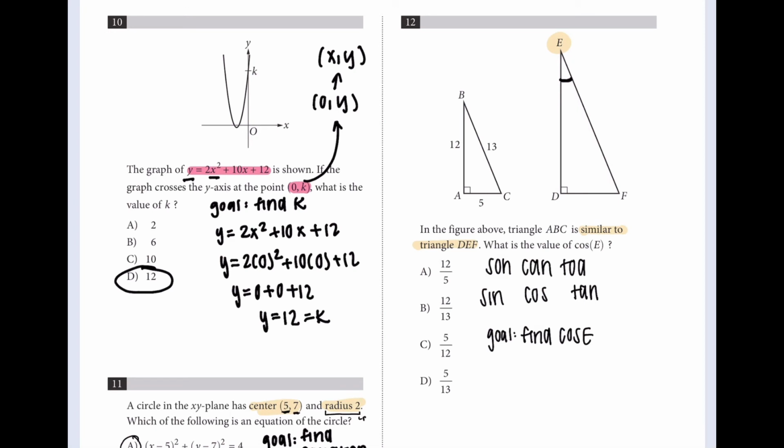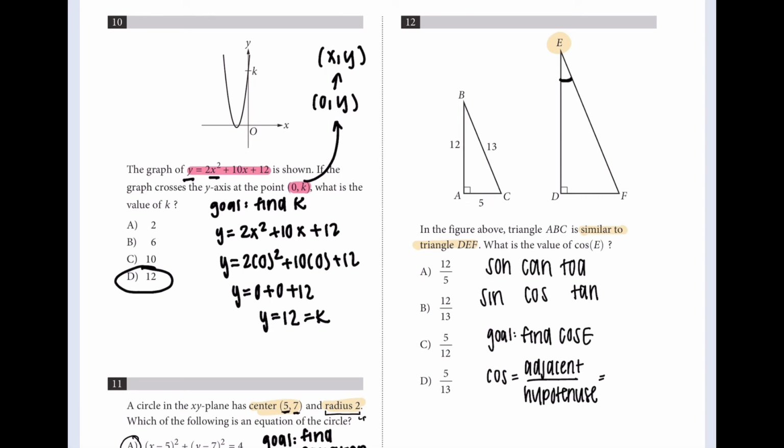So the cosine formula is adjacent over hypotenuse. So it's going to be the ratio of the sides. So since these are similar, we see that there are no side measurements given for this triangle. But since these are similar triangles, we can simply use these side measurements over here because the ratio is going to be the same.